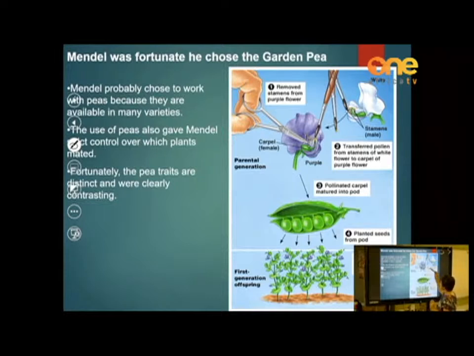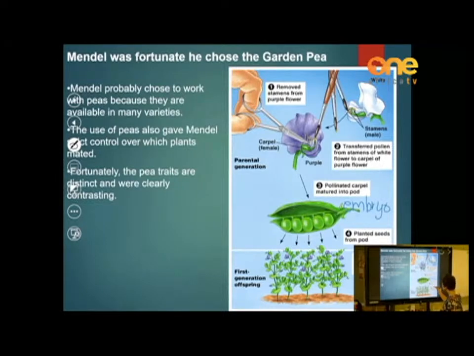He knew exactly where he did this pollination and made sure that the carpel matured, and then he planted that, because when you have this, you don't know how the offspring will look. No, this is only containing the embryo of the new offspring.